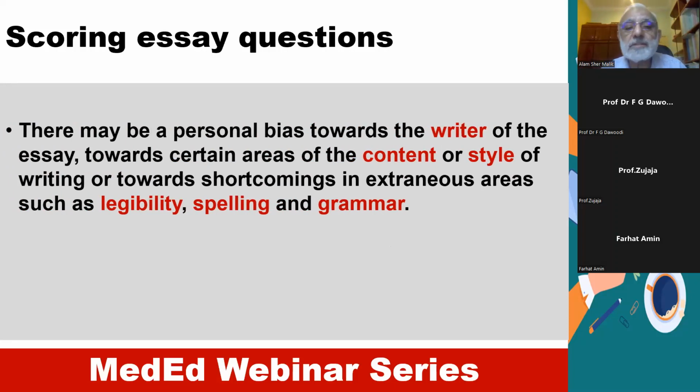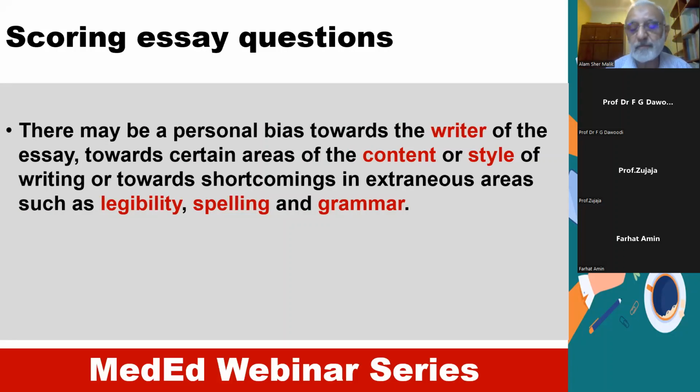There may be a personal bias towards the writer of the essay or the student, towards certain areas of content or style of writing, or towards shortcomings in extraneous areas such as legibility, spelling, and grammar.